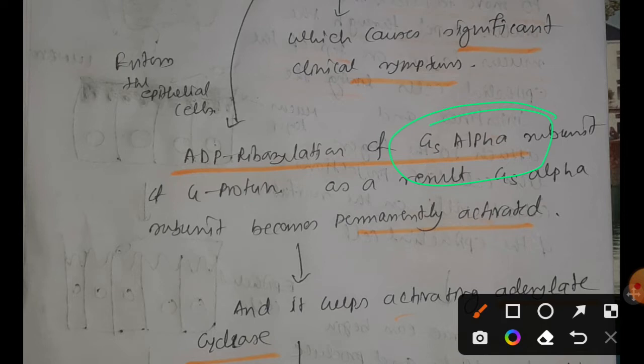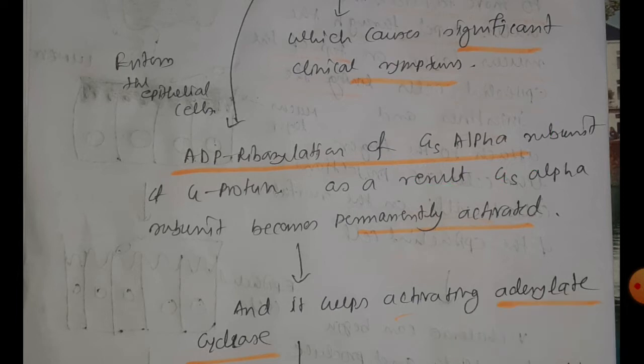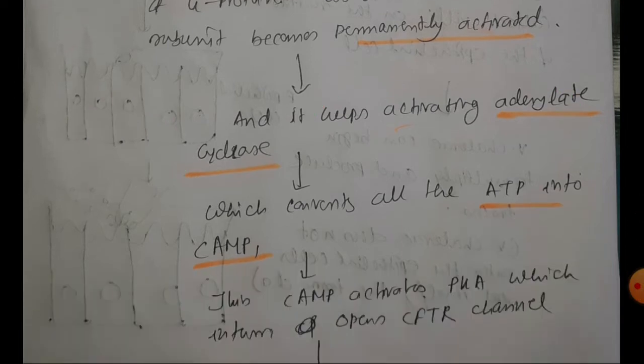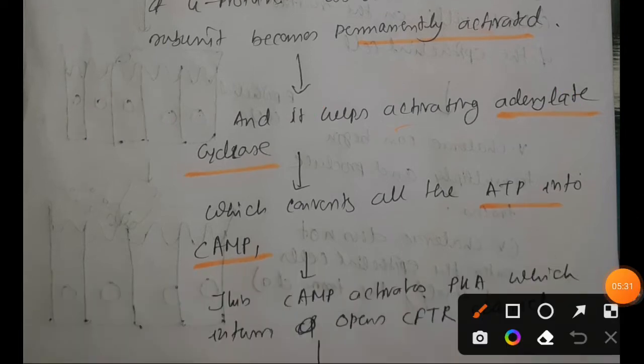This activated G alpha subunit keeps activating the adenylate cyclase for a longer time, and this adenylate cyclase in turn converts all the ATP present in the cell into cyclic AMP.